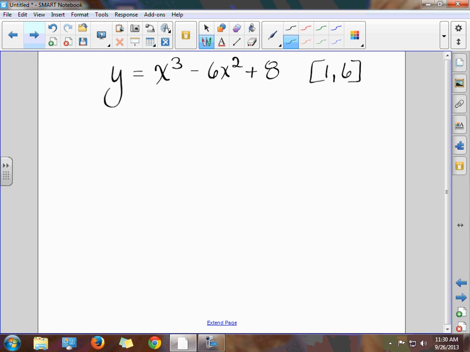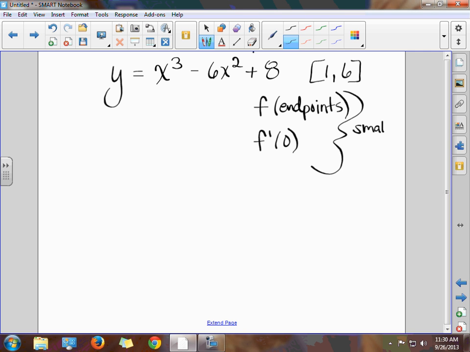What I need to do is find f evaluated at the endpoints, and then I'm also interested in where f prime is 0. Then the smallest of these is going to be your min, and the largest of these is going to be your max. So make sure to check your endpoints. That's the biggest issue I see with students here.